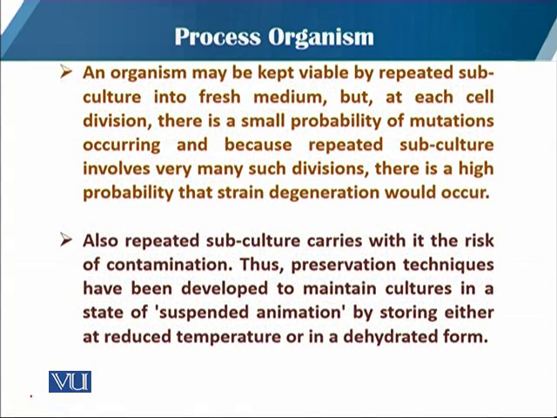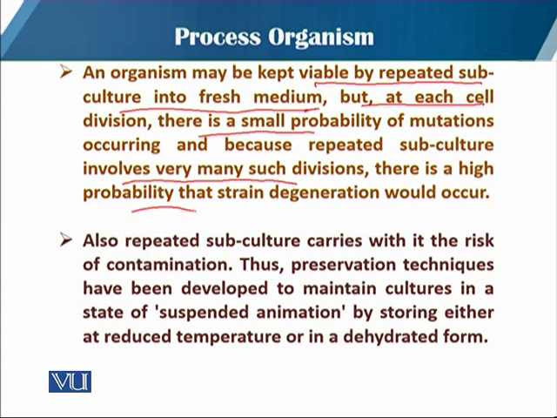The organism may be kept viable by repeated subcultures into fresh medium, but at each cell division there is a small probability of mutation occurring, and because repeated subculturing involves very many subdivisions, there is a high probability that strain degeneration would occur. Because when mitosis or meiosis occurs, there is crossing over.